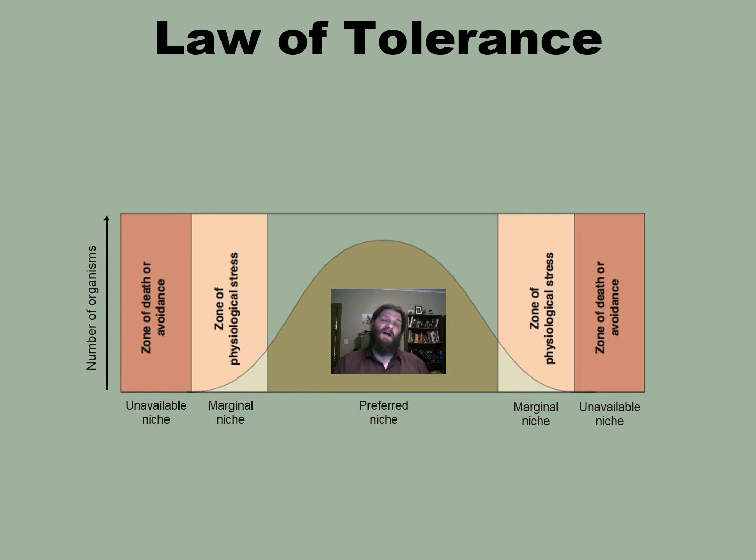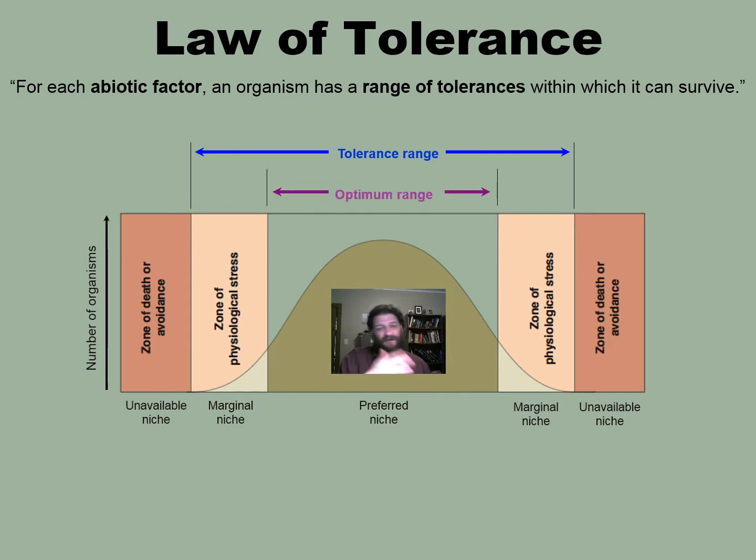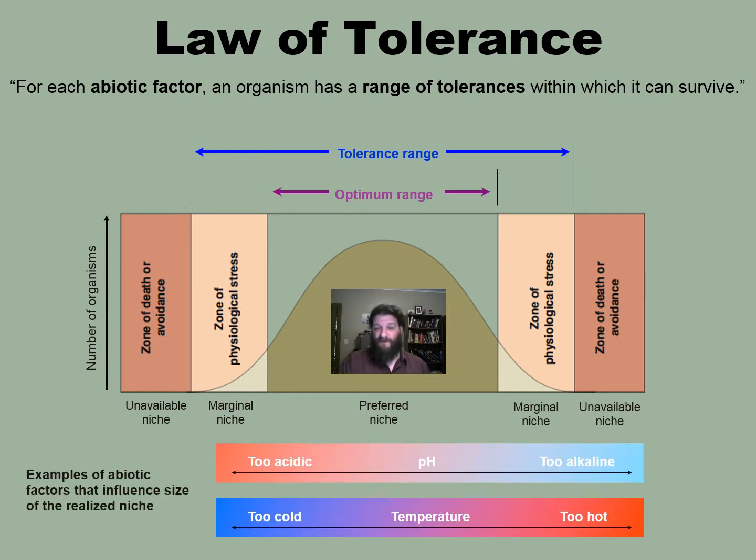We can use the law of tolerance to describe this difference between the fundamental niche and the realized niche, and how for each factor there's going to be a range, a gradient of availability that the organism is going to be adapted for. There's a range that they can tolerate, which is going to include those extremes, and there'll just be an optimum range that most of them will be found within.